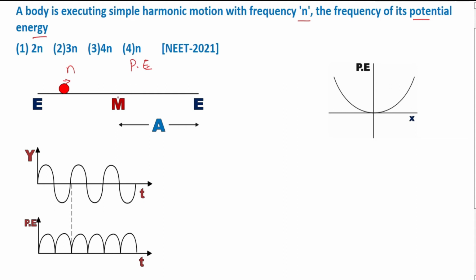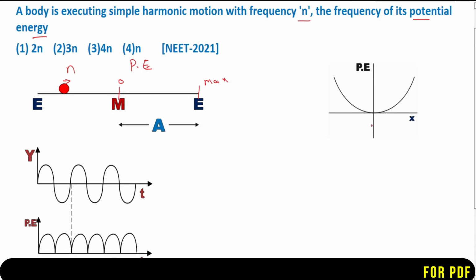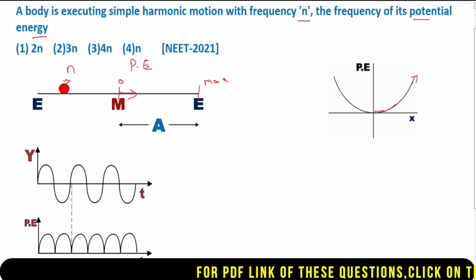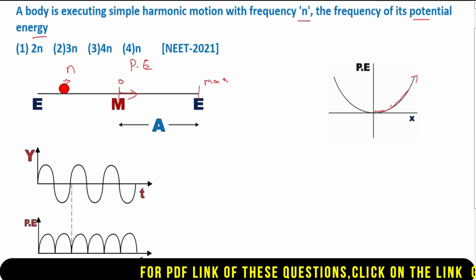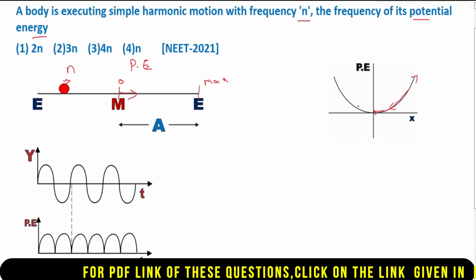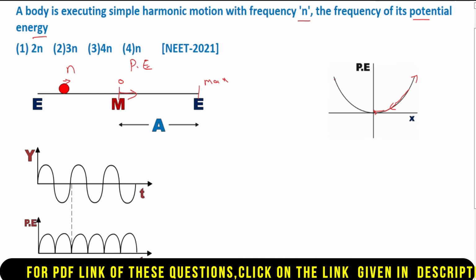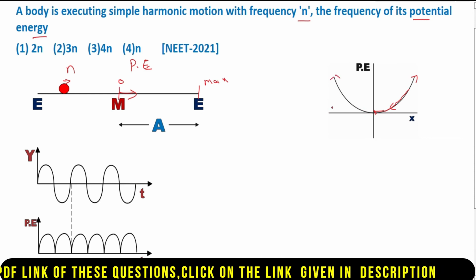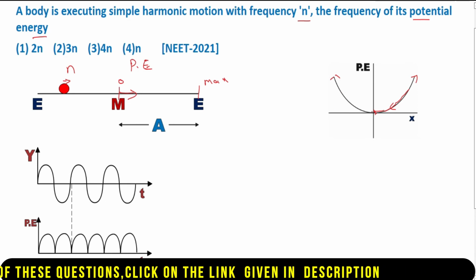We know that the value of potential energy will be 0 at the mean position and it will be maximum at the extreme position. As the particle goes from mean to extreme position, the potential energy will increase, reach its maximum value, and again decrease, reach 0, and again go to maximum value in the opposite direction, and again it becomes 0.